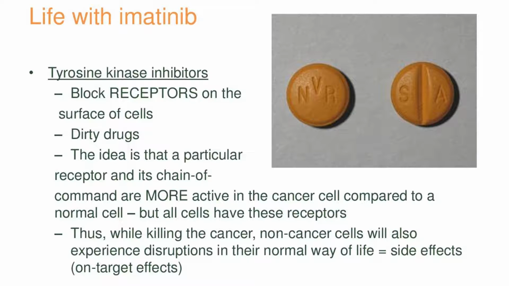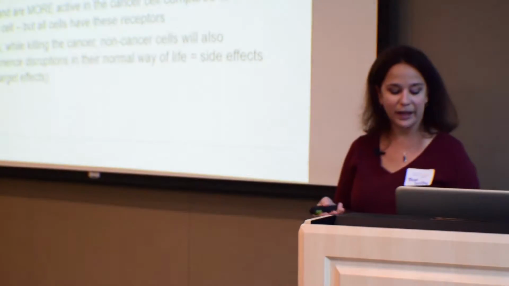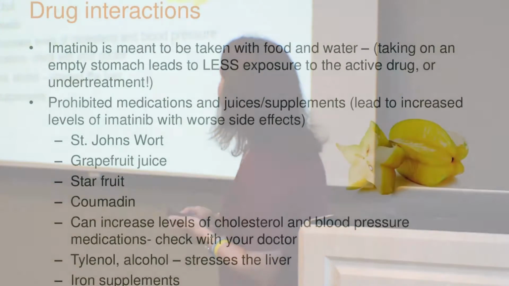The idea, though, is that KIT is so much more important for the gastrointestinal stromal tumor cells that we get a benefit even though it's still attacking some of your normal cells, just less well. So this is the reason why you wind up having side effects and why normal life is impaired from being on these medications. I'll talk about those side effects here in a second.